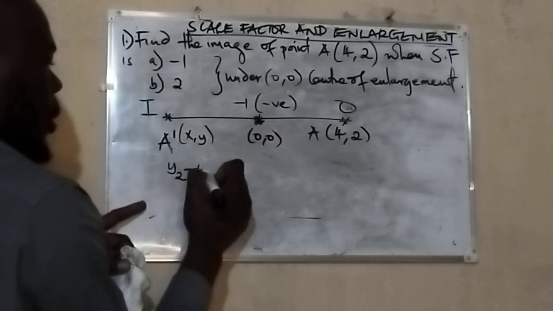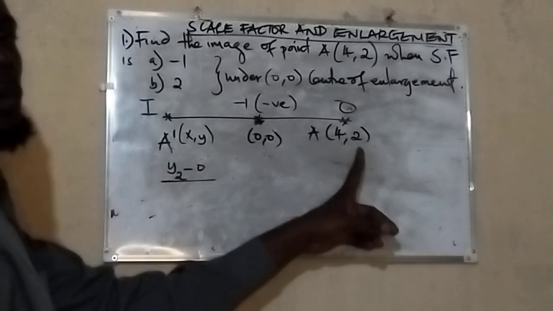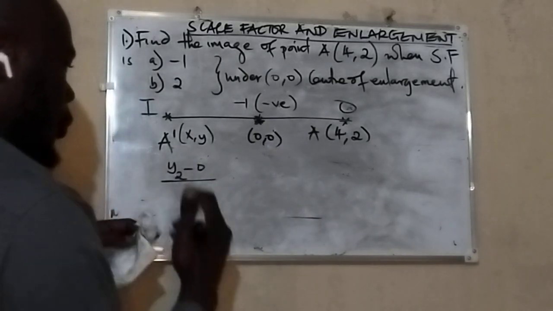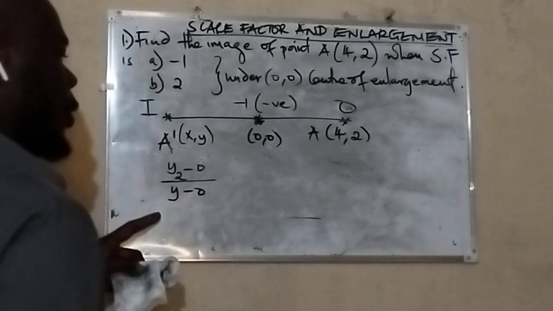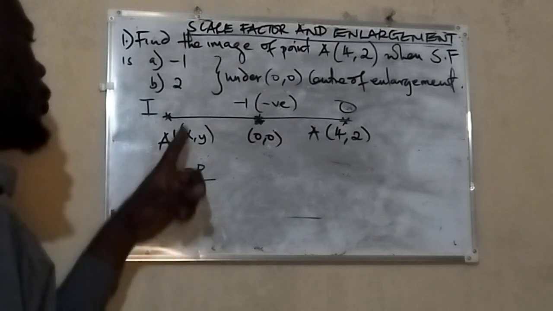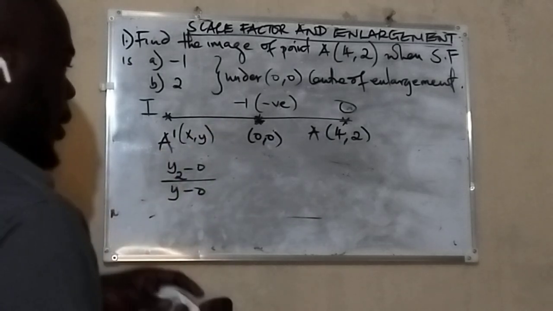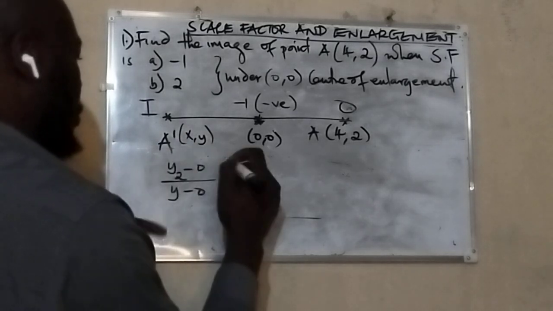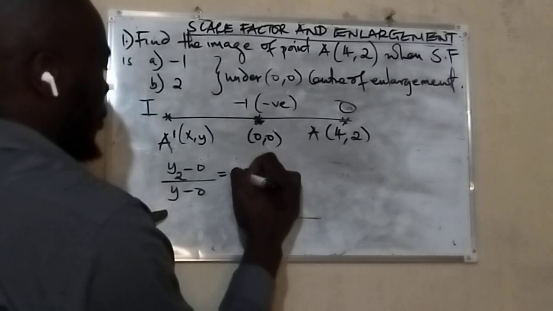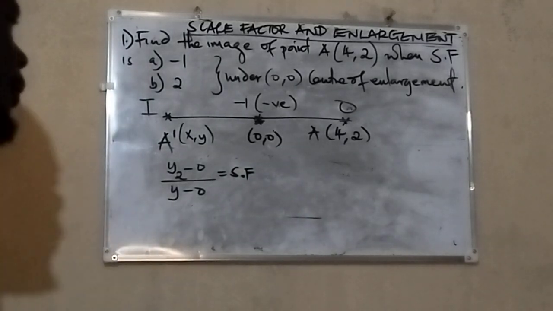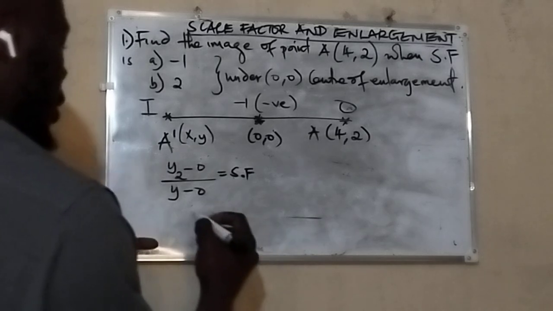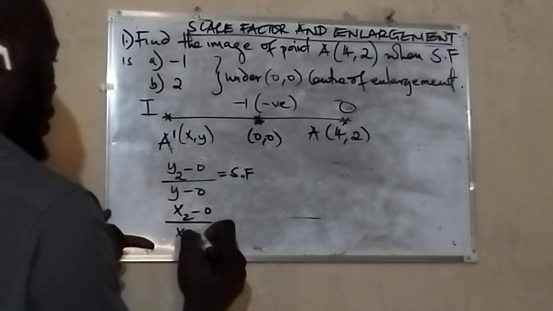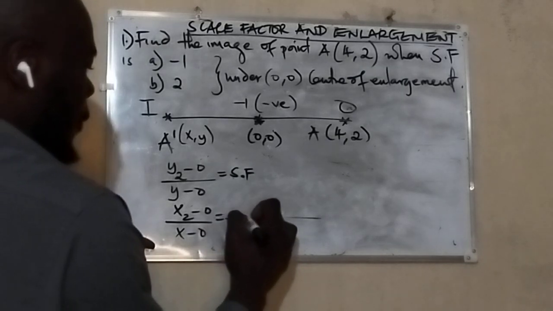If you take y2 minus 0, the distance from y2 to the point of origin, or the center of enlargement, over the distance from y to the origin, we need to get our scale factor. The same applies also for x. When you take x2 minus 0 over x minus 0, we need to get our scale factor.